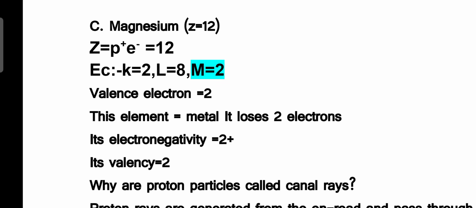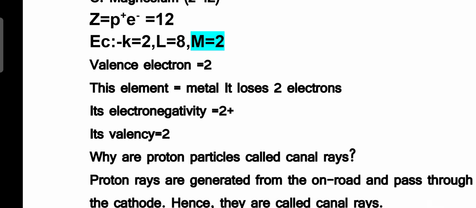As being metal, it has 1 or 2 or 3 electrons in the outer shell. So it tends to lose easily the electrons. By losing the electrons, it will show the positivity. So electropositivity is 2 plus charge. Its valence is 2.